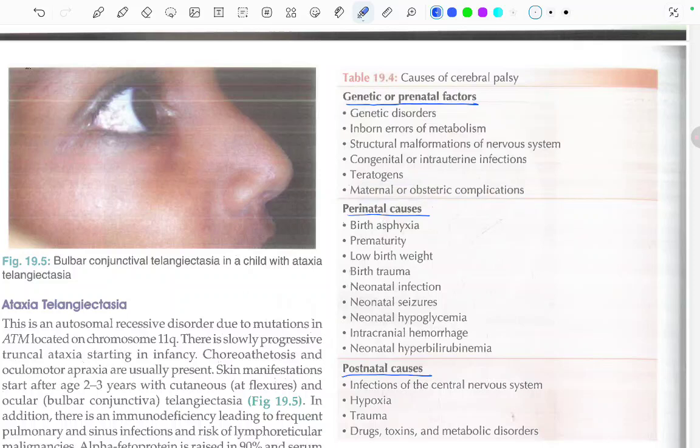These were all the prenatal, before-birth causes of cerebral palsy. Some are mother related, mostly the maternal and obstetric complications and any teratogen intake. And these are child related, like genetic disorder, inborn error of metabolism and structural malformation of the nervous system, and congenital or intrauterine infection is also mother related.